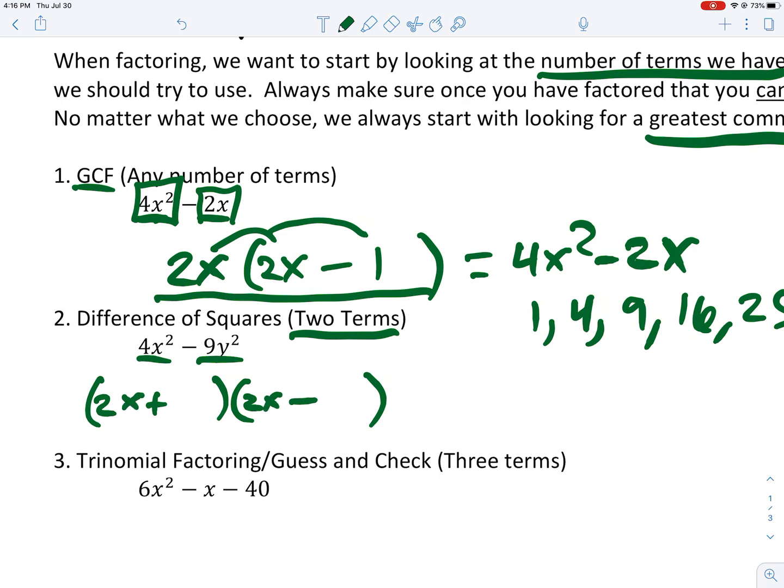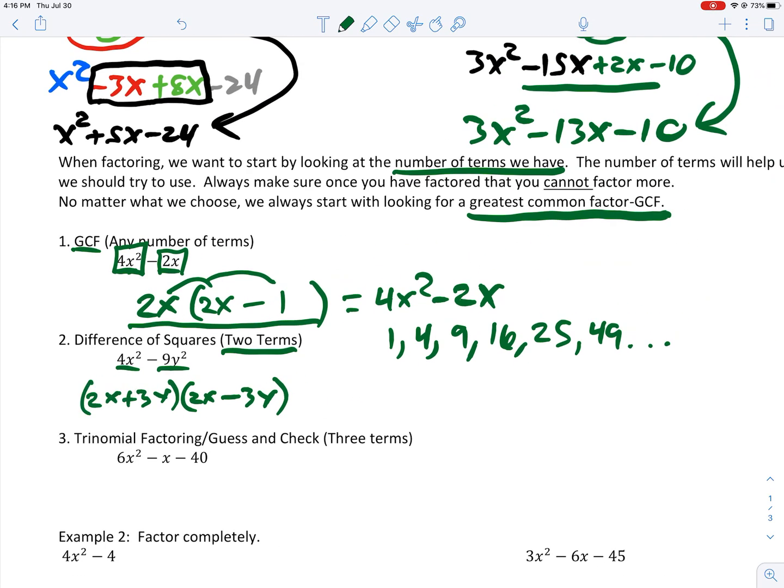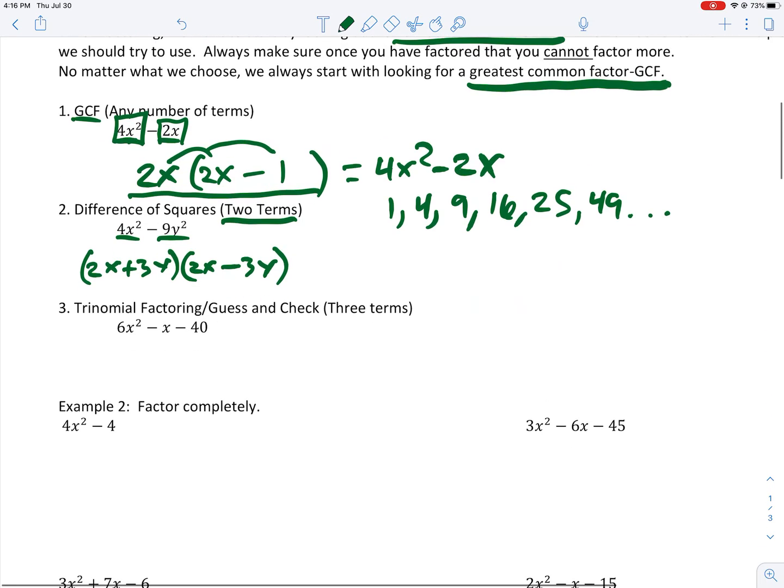What do you square to get x squared? x. What do you square to get 9? 3. And y squared would be y. So that's what it factors into, a difference of squares. So when you see that, automatically, two grouping symbols, one's plus, one's minus. The first one and the second should be identical. The same values you put in the first go in the second.